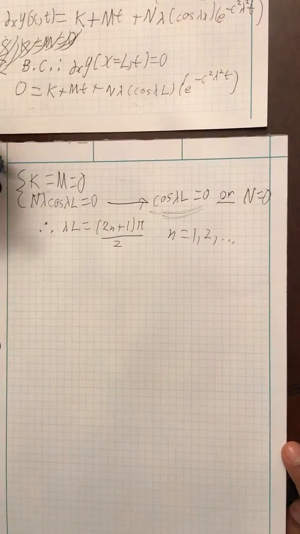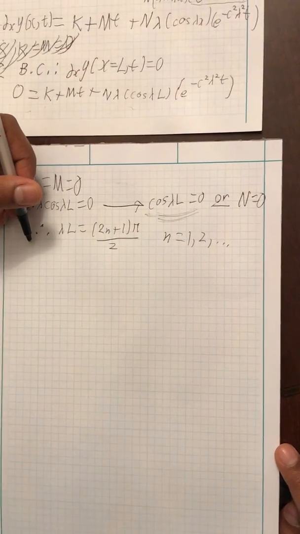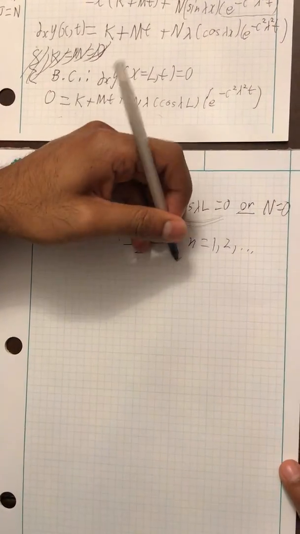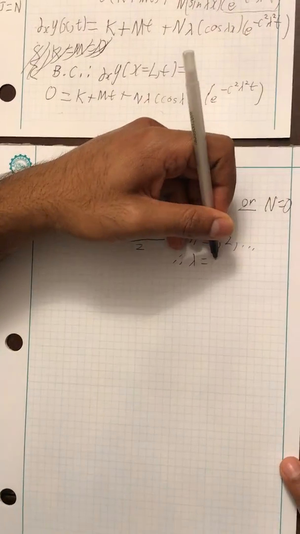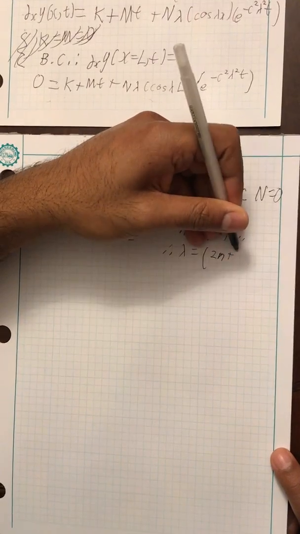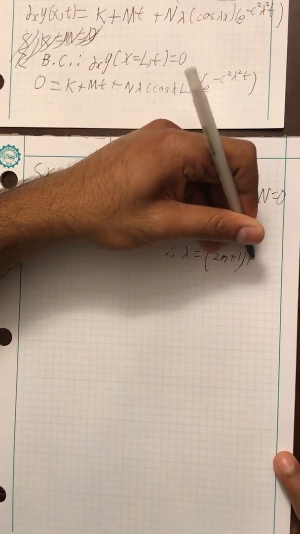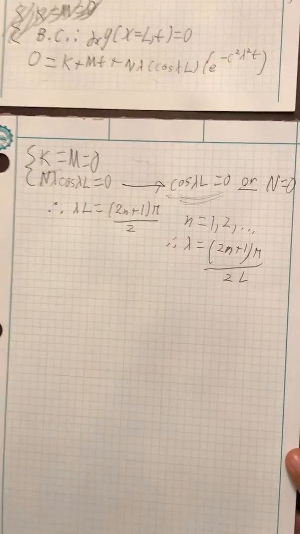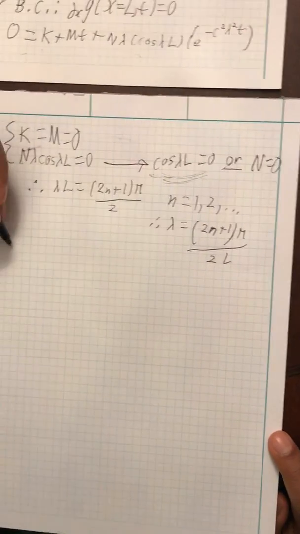And when you put those into cos, it works out. So then, lambda is just this stuff over L. So just isolate for lambda.